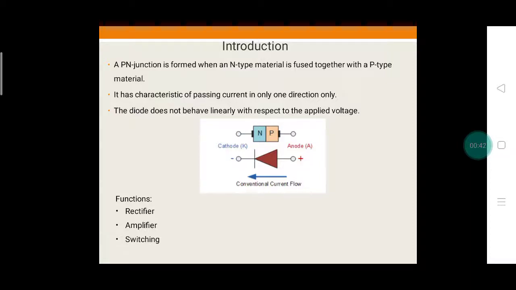Before we start, we know that a material can be divided into three main categories: conductors, semiconductors, and insulators. Any material which has the property of conduction of heat and electricity is known as a conductor.